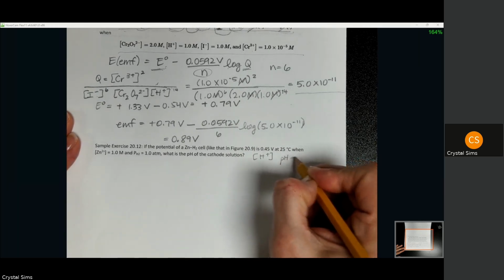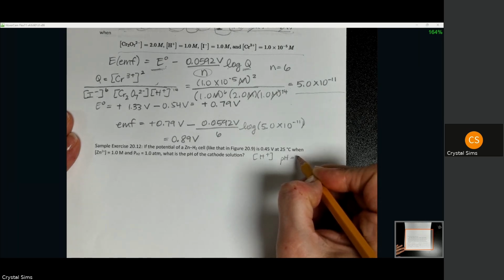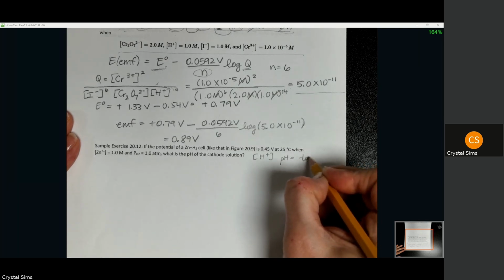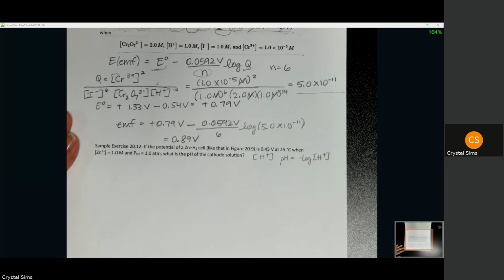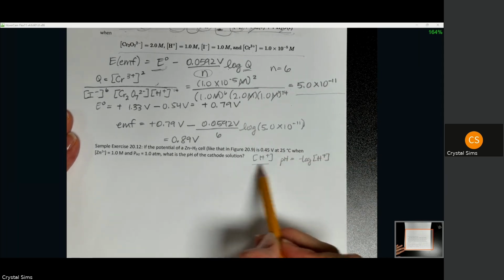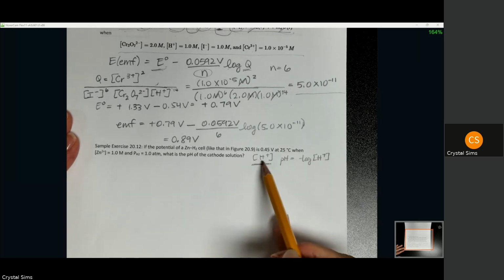Once we have that, then we know that pH is negative log of that hydrogen ion concentration. So really what we're being asked here is, how do we get to the hydrogen ion concentration?